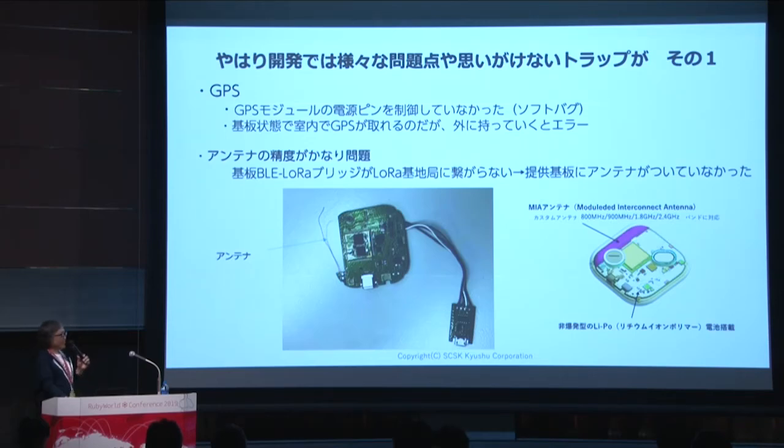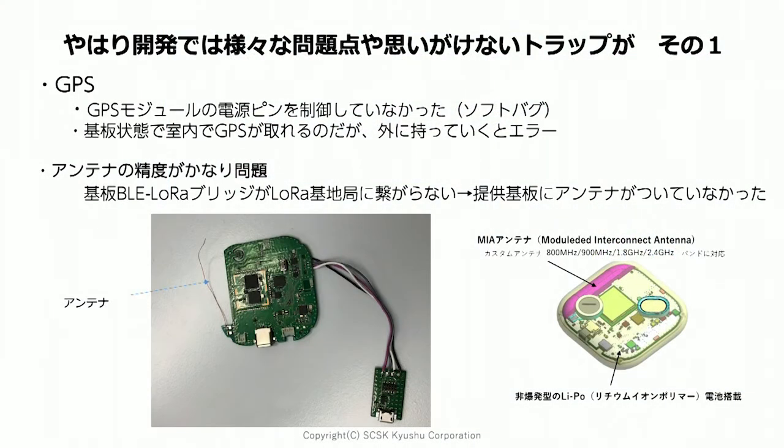And there are a lot of pitfalls in the application if you do the IoT. Starting from GPS, for instance, I mentioned initialization, and the power source pin is not controlled. The next one, the board, this is under test, and the GPS can be taken, but if you go out on a sunny day, you cannot take GPS.